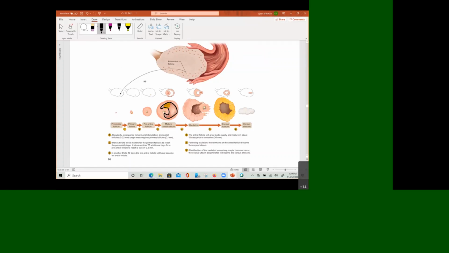The antral follicle will grow and mature in about 15 days, right before ovulation. Then after ovulation, the remnants of the antral follicle becomes this thing right here, which is the corpus luteum.